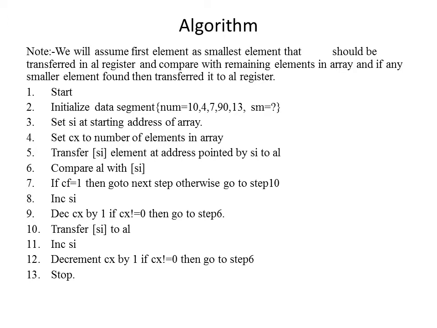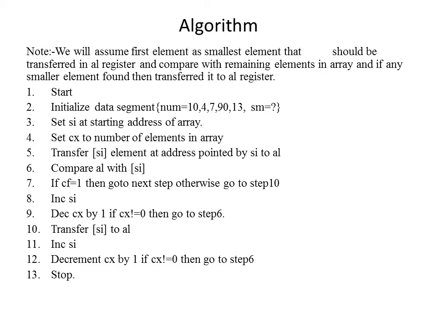Then what about the other elements? We have to compare the element which is stored in the AL register. We are assuming that the smallest element is stored in the AL register. We have to compare the content stored in the AL register with the remaining elements, or all elements in the array, and find out the element which is smaller than the current smallest element that we are storing in the AL register.